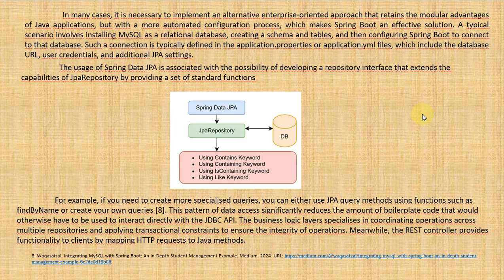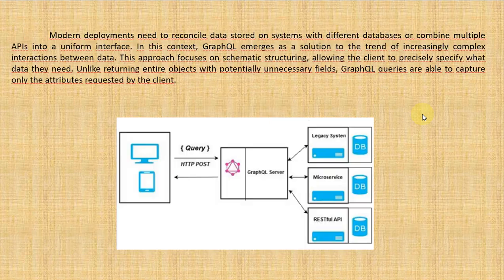The usage of Spring Data JPA is associated with the possibility of developing a repository interface that extends the capabilities of a JPA repository by providing a set of standard functions. For example, if you need to create more specialized queries, you can either use JPA query methods using functions such as find by name or create your own queries.